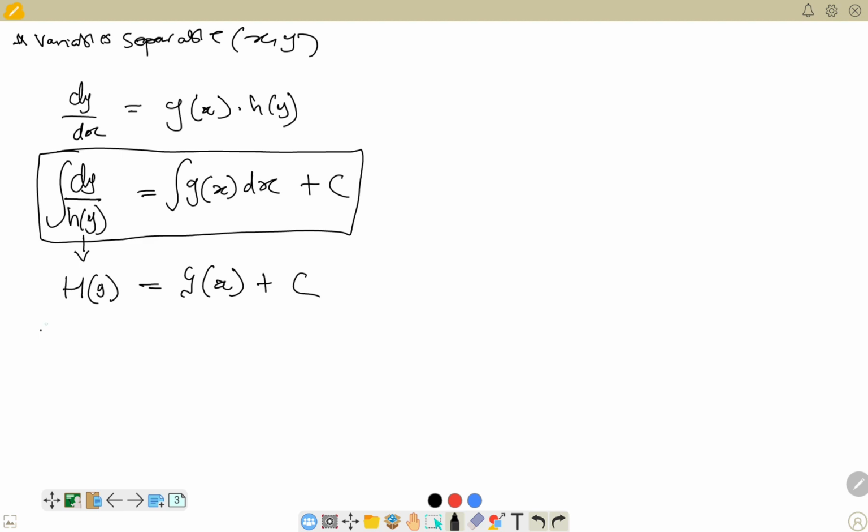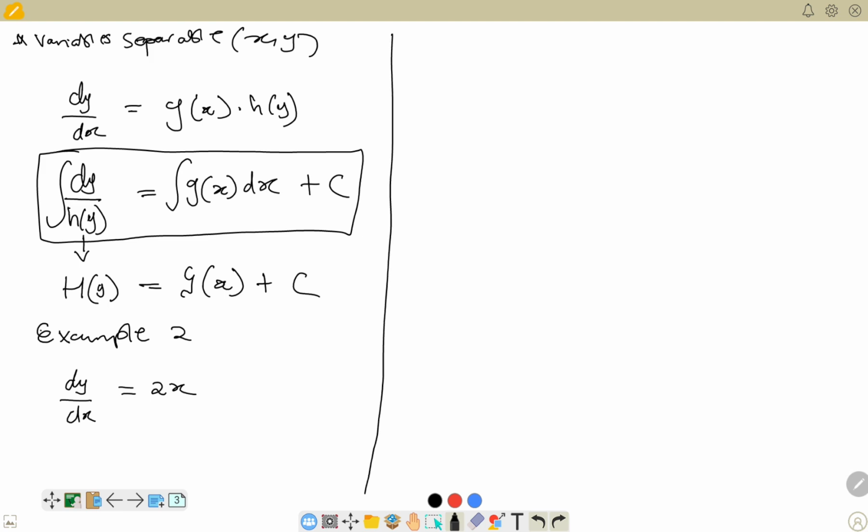So we'll look at an example. Example 2, for example, if we have dy/dx equals 2x, this is a very, very simple differential equation because it only has 2x. It doesn't even have y variables. So how can we solve this one now? We will separate.